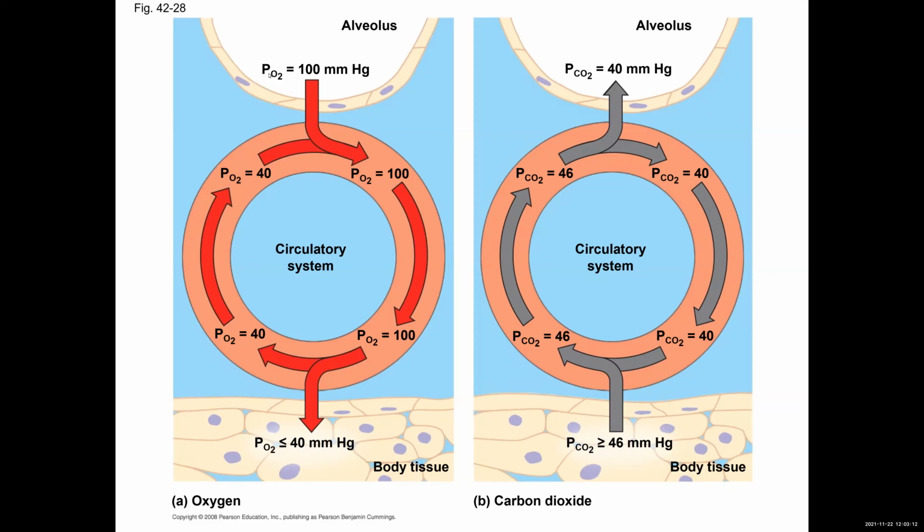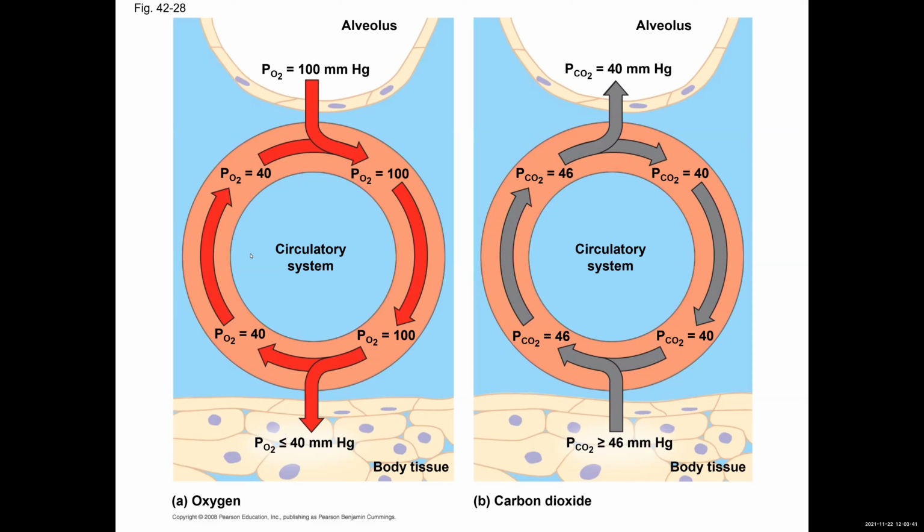tissues, right? So we've got the lung airspace at the top, we've got the body tissue at the bottom. Obviously, this tissue could be anywhere in the body. This is a very simplified version of the circulatory system. So at sea level, the partial pressure of oxygen, which is measured in millimeters of mercury, is about 100 millimeters of mercury.